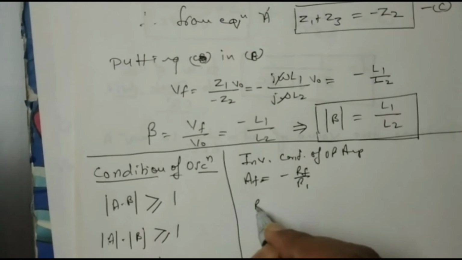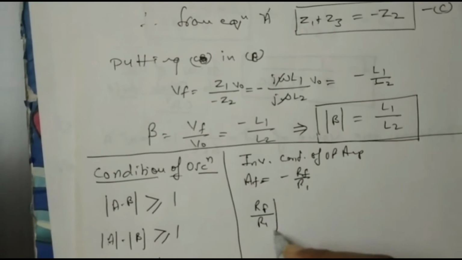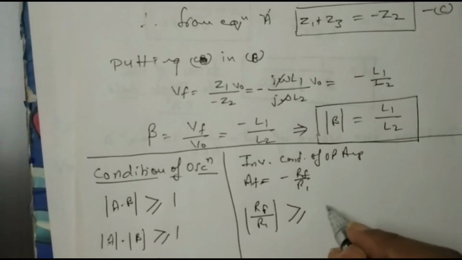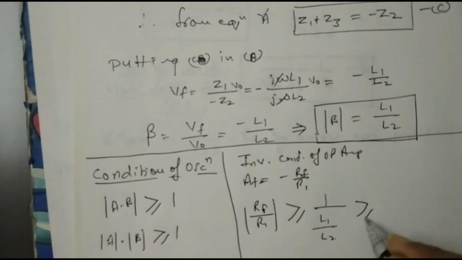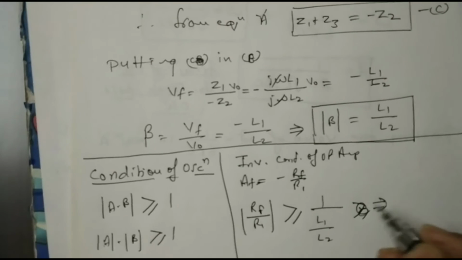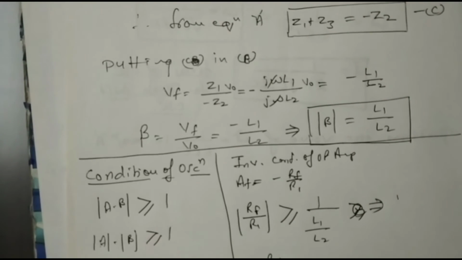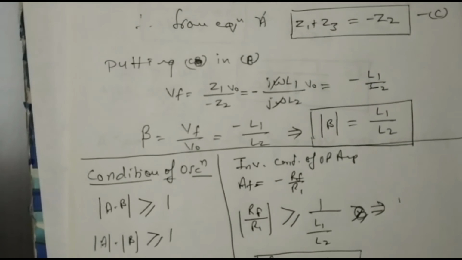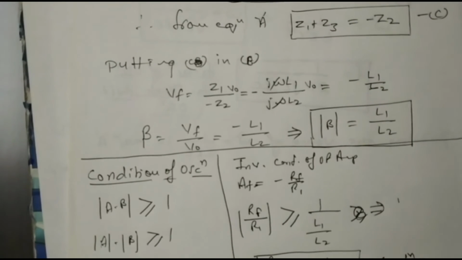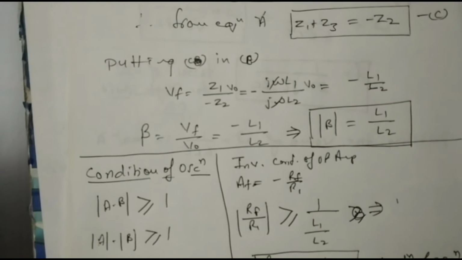Therefore RF upon R1 should be greater than or equal to 1 upon L1 upon L2, which implies RF upon R1 is equal to L2 upon L1. This will give the condition of oscillation.